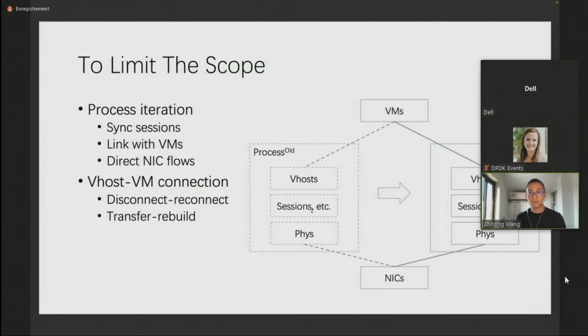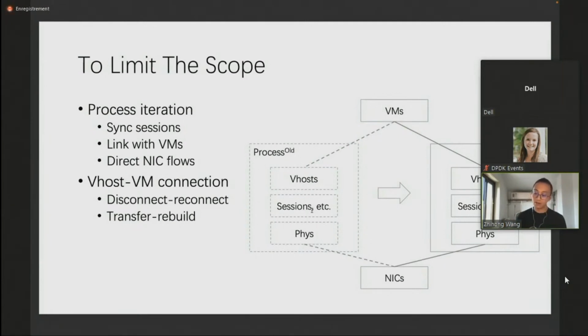But one part is a little bit tricky, which is the link, the data path between vHost and the virtual machines, QEMU and the virtio driver. Naturally, we can just disconnect. The old one can quit, and then the new one can start talking to QEMU and redo the negotiation process. Everything goes back to normal.